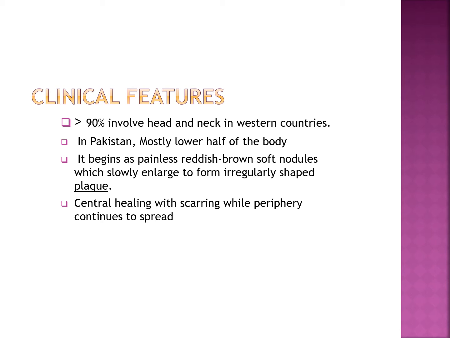The central area becomes atrophic and the surrounding border is well demarcated and thickened, hyperkeratotic. It's in the form of a plaque. So central scarring with peripheral hyperkeratosis, a hyperkeratotic lesion of chronic duration, is one of the typical characters of lupus vulgaris, which is a type of cutaneous tuberculosis.